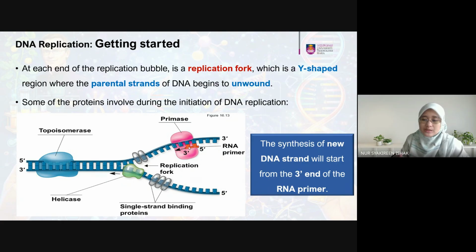The RNA primer is synthesized by the enzyme primase. Why does the RNA primer need to be synthesized first? Because the enzyme that adds DNA nucleotides, DNA polymerase 3, will only add DNA nucleotides at the 3' end of a primer, or the 3' end of the elongating DNA strand.